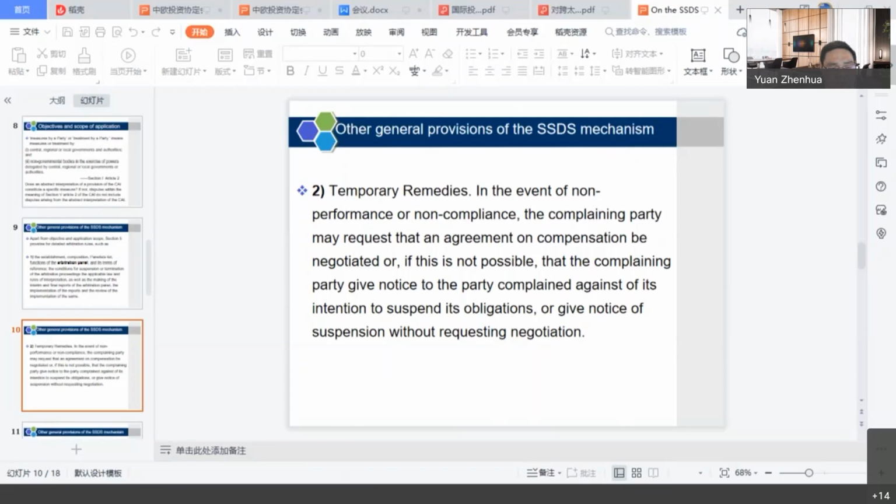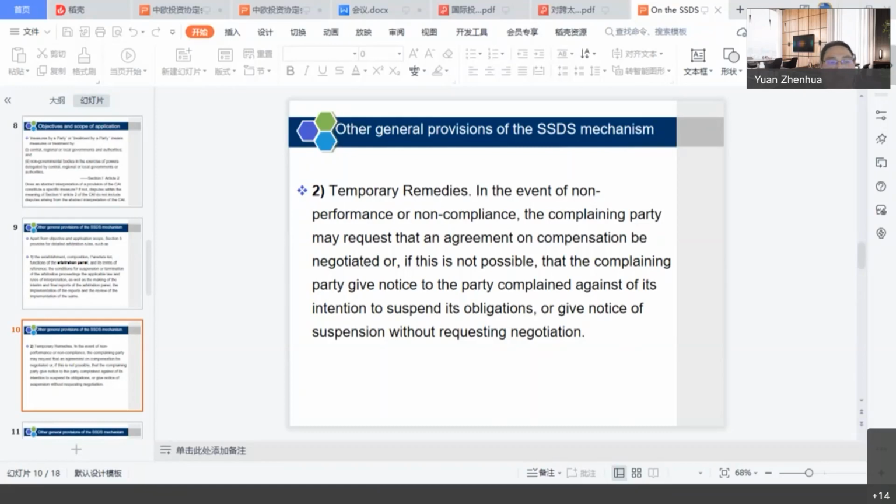So it means that apart from the different title, there exist many other differences between the two kinds of dispute settlement in one investment treaty.